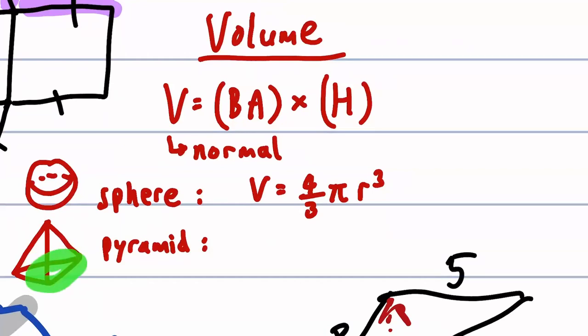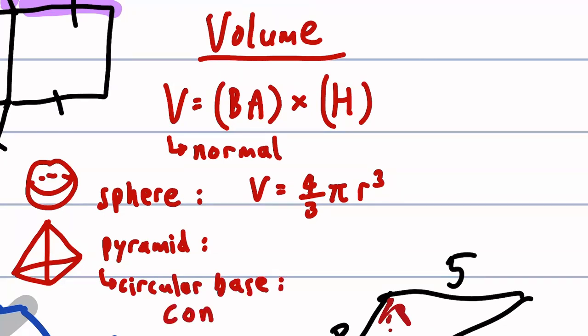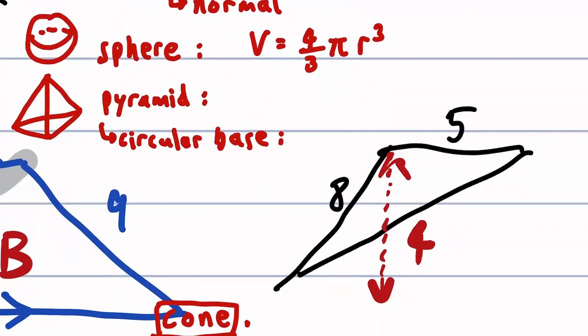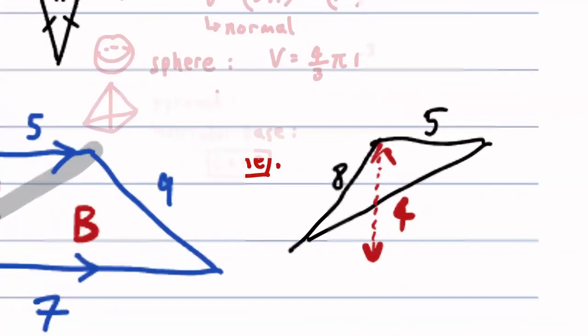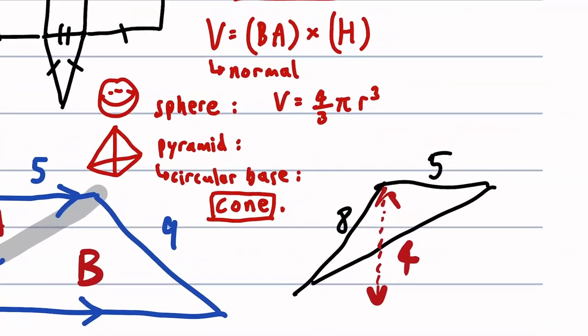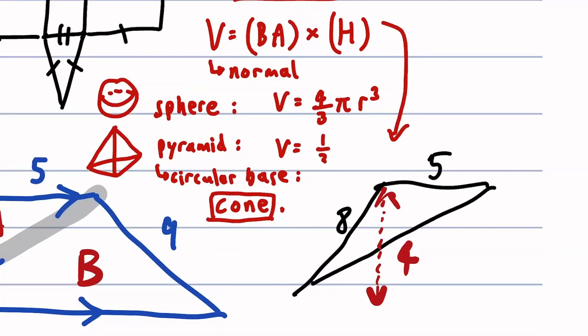So if it happens to be a circular base, what do we call it? You call it a cone. Traffic cone, orange color traffic cone. But the English name is not important. You just need to take the base area times height formula, then you times the extra 1/3.